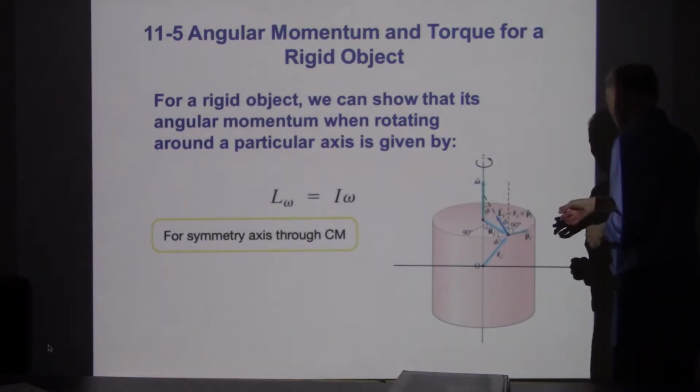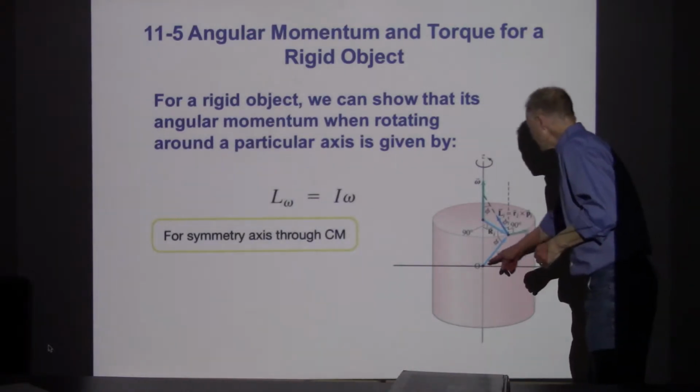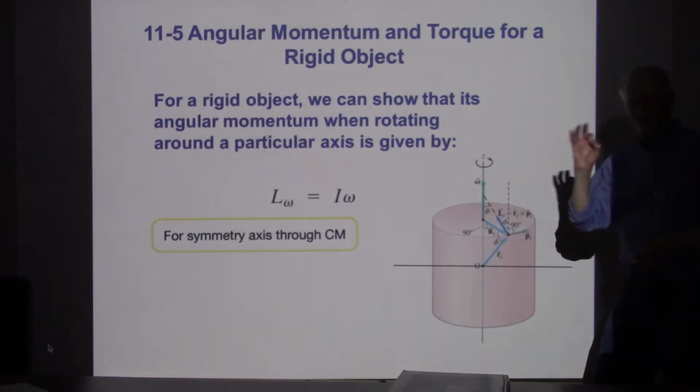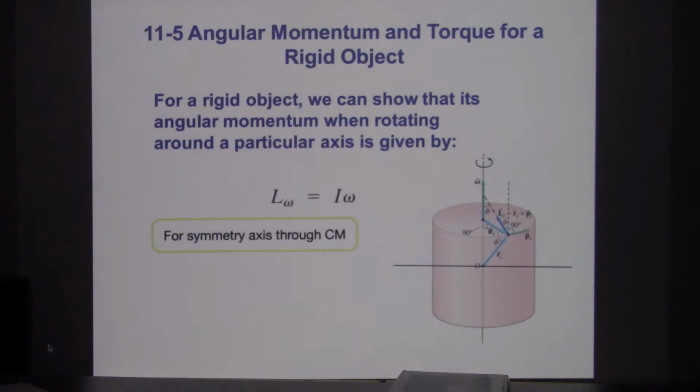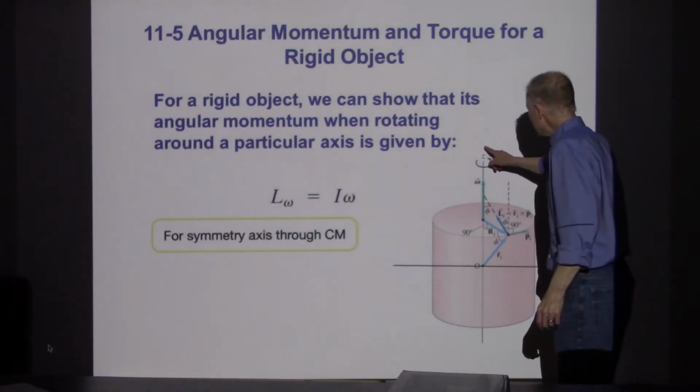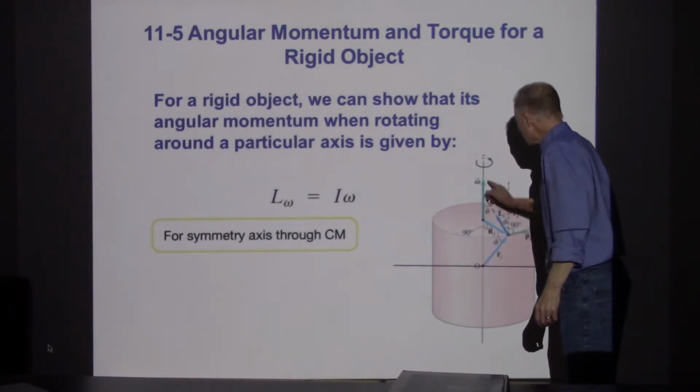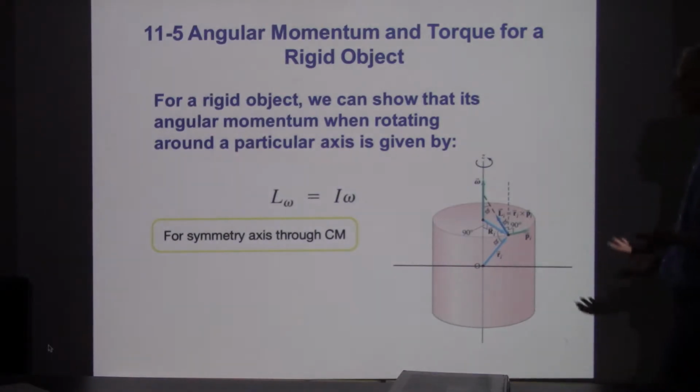If I have a cylinder, and we're going to place the origin of the coordinate system right at the center of the cylinder, that would be a very symmetric object. The rotation that we're looking at here, we're calling this the z-axis. That's a symmetry axis.